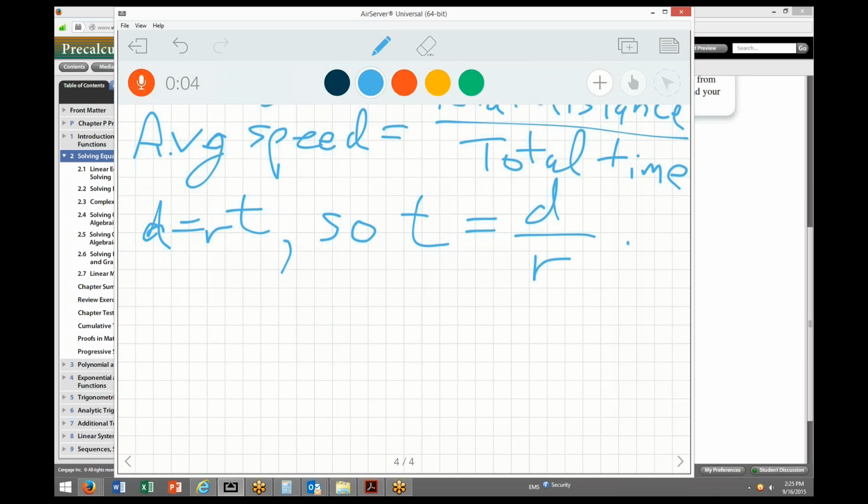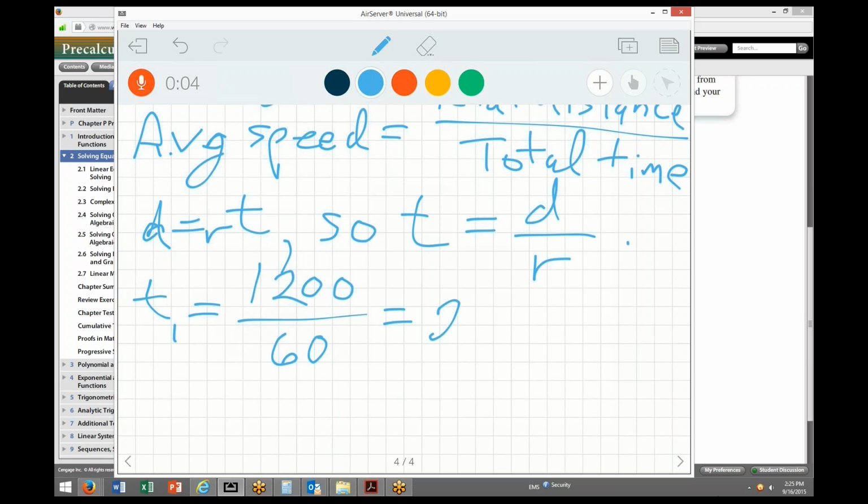So the time to drive out to the 1,200 miles going out, it's distance divided by R. So the first time for driving out there, I'm going to call it T1, is 1,200 divided by 60.